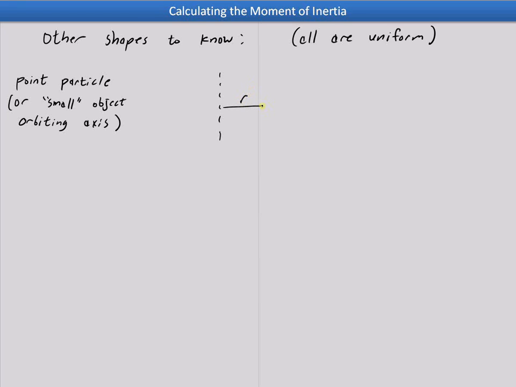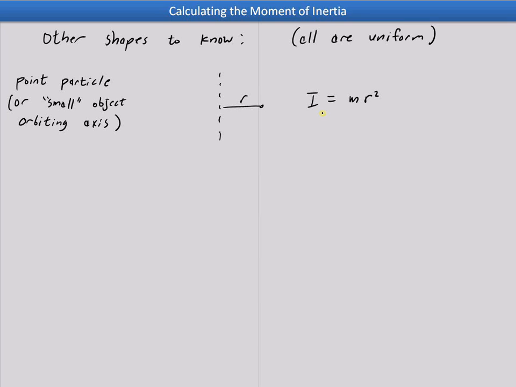We're distance r away and we have some point. If that's true, then the moment of inertia is simply equal to m r squared. You just take the definition of moment of inertia with one object, so it's m1 r1 squared, which we just call m r squared. As long as this object is tiny compared to the radius, this is a pretty good approximation.